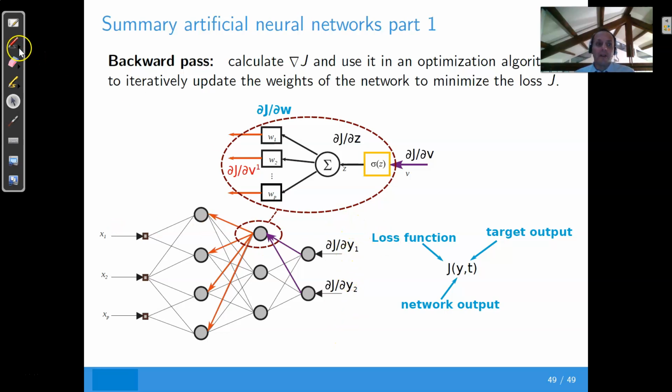So it's called the backward pass phase, and it is one of the most important characteristics of the multi-layer perceptron neural network, which is considered in this course.